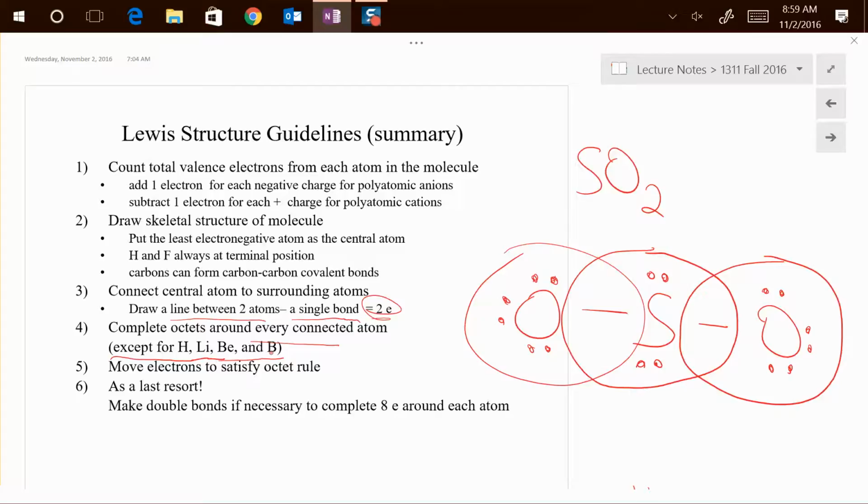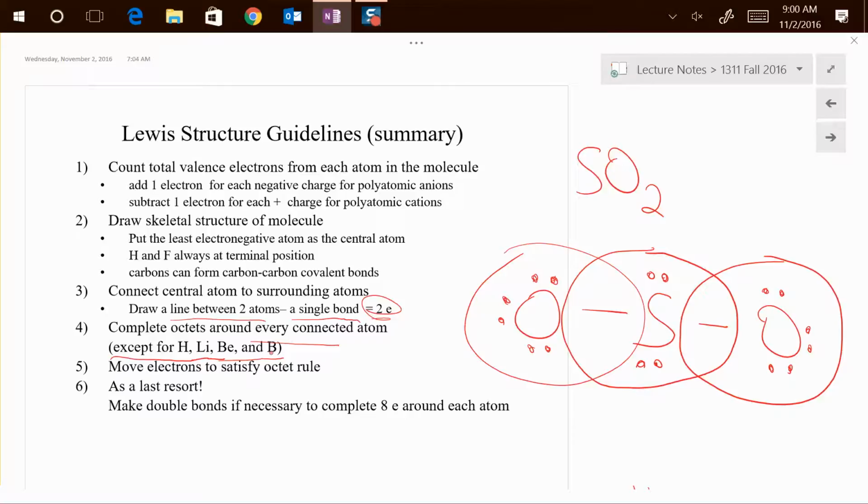How many valence electrons does carbon have? 4. It can spread all of its valence electrons out, and it could make up to 4 bonds. If I make 4 bonds, how many valence electrons do I have around me? 8. So carbon can complete its octet. It has enough electrons. How many valence electrons does boron have? 3.